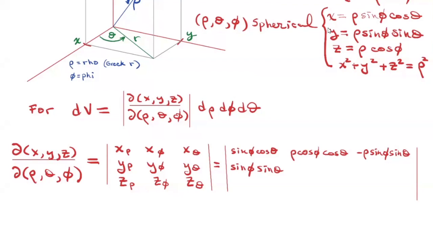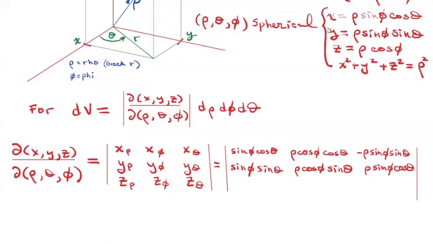Now y with respect to phi will be rho cos phi sine theta. And then with respect to theta, this will be rho sine phi cos theta. Okay, those are hard. Then the z part is easy.